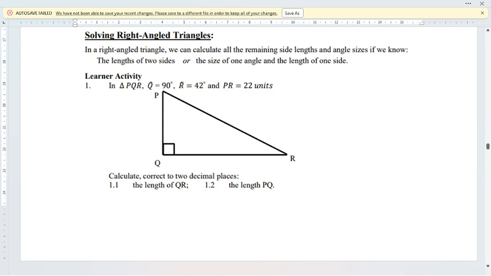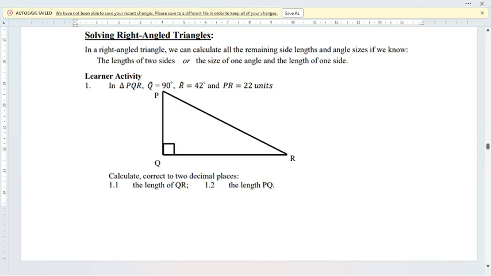We need the basic information. You must know it. Now we're solving right angle triangles. What do you do when solving a right angle? You find the sides and the angles. That is solving the right angle triangle.